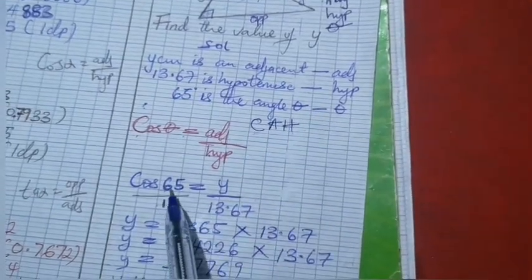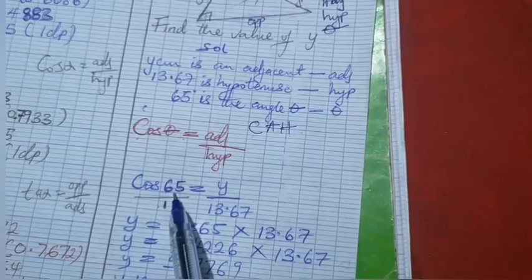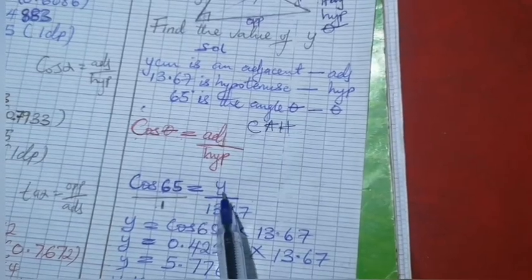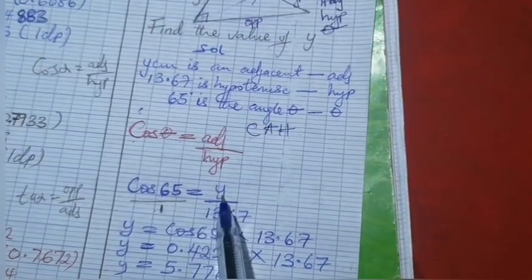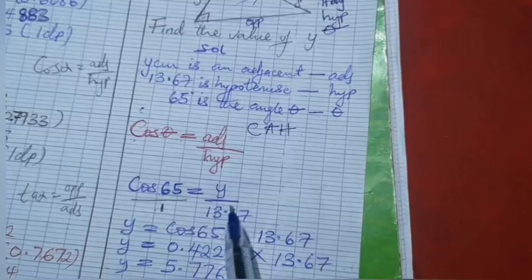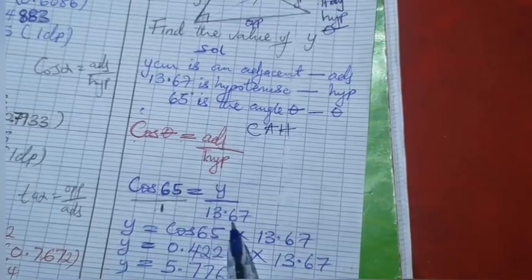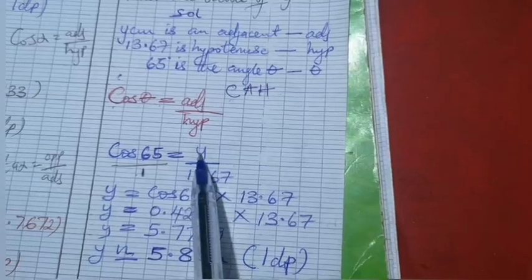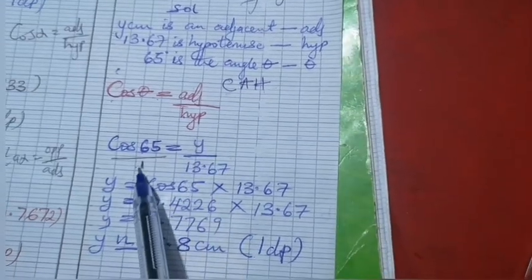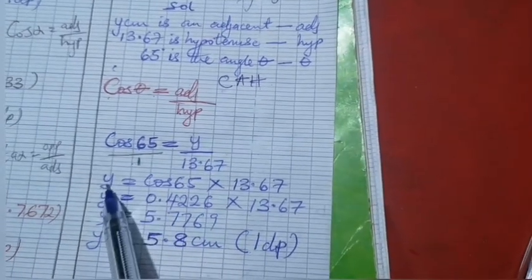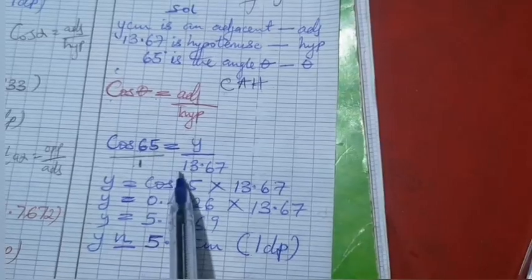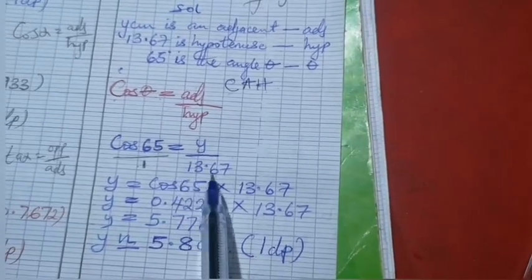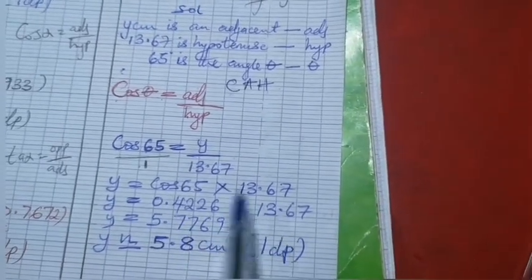So our theta is 65, so we'll now write cos 65 is equal to, our adjacent is y, all over our hypotenuse, which is 13.67, okay? So for us to find y, we will now cross multiply. So y times 1 is y, cos 65 times 13.67 is what we have here.